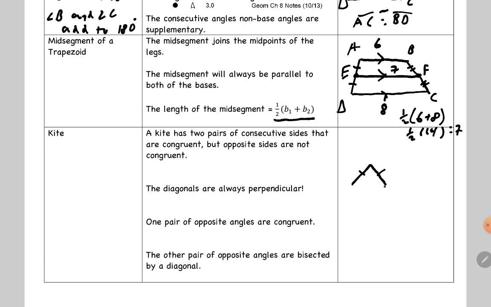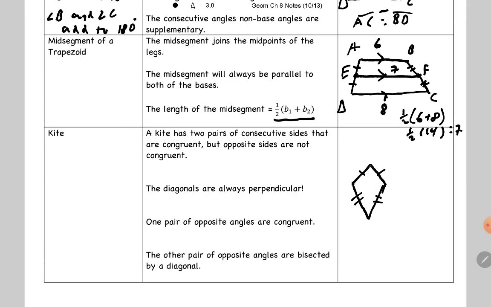So there's one pair, and then here's the other pair. This side is congruent to that side. So 2 pairs of congruent consecutive sides, but the opposite sides cannot be congruent.